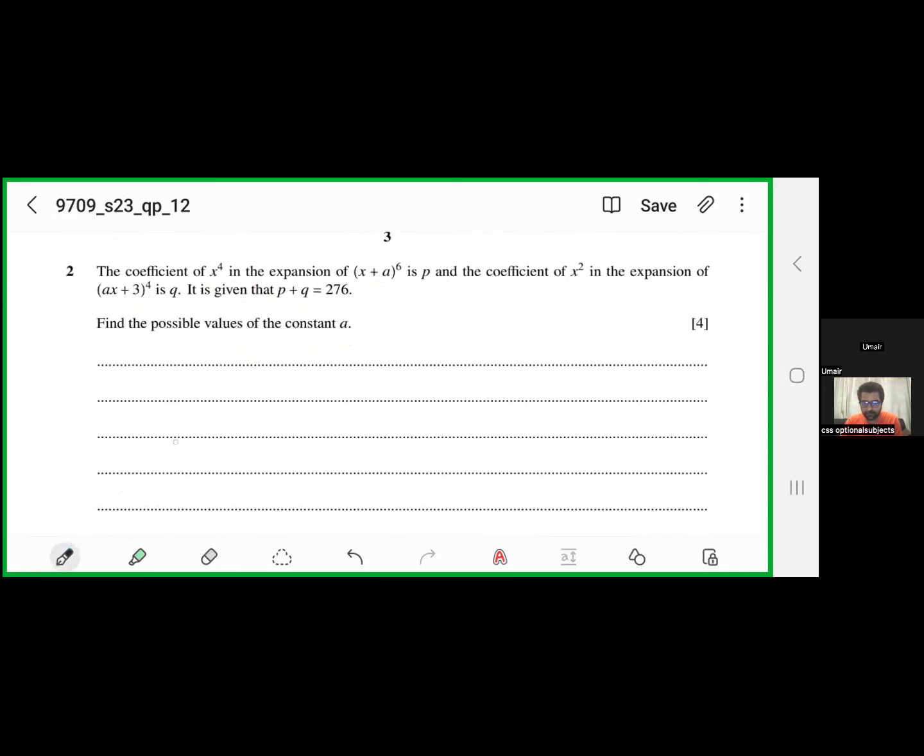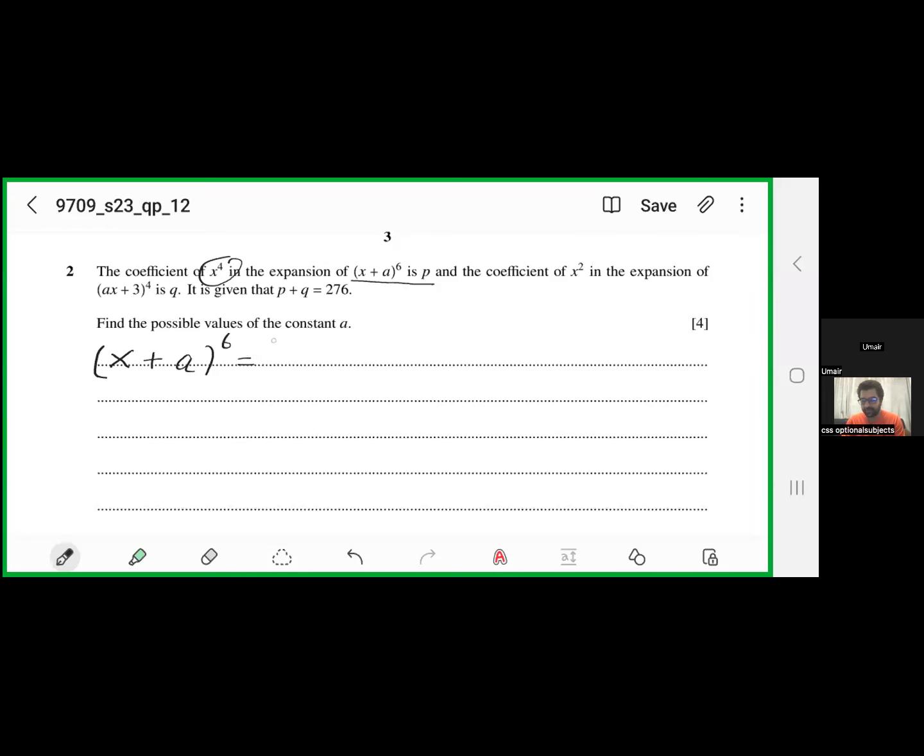Now if you see, the coefficient of x4 in this expansion is p. So let us write this, (x plus a) power 6. Let us expand this. We have to use binomial expansion to expand this thing.